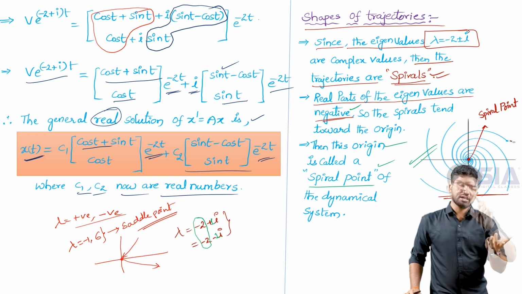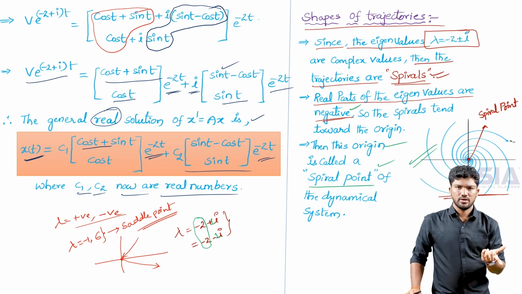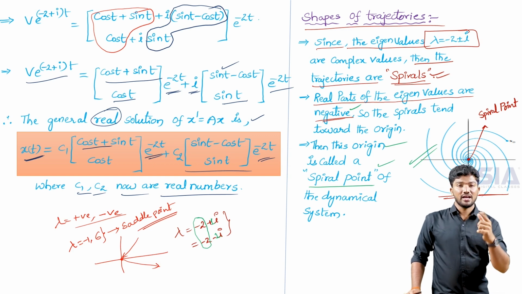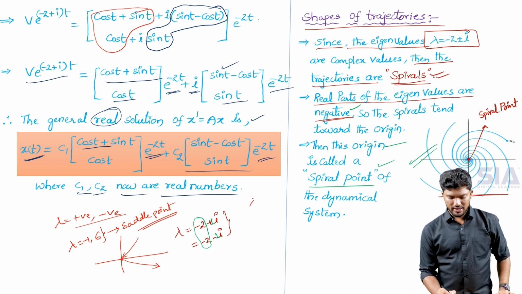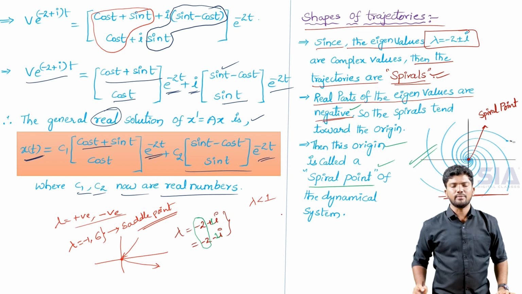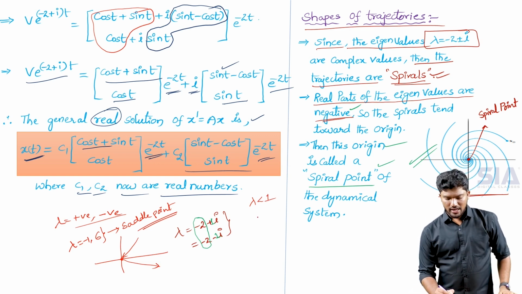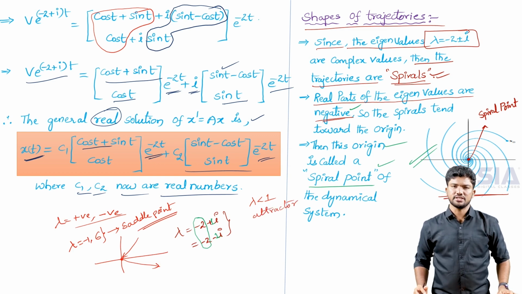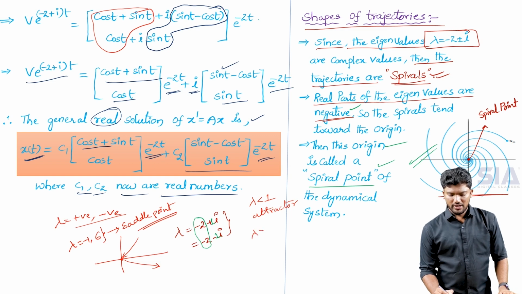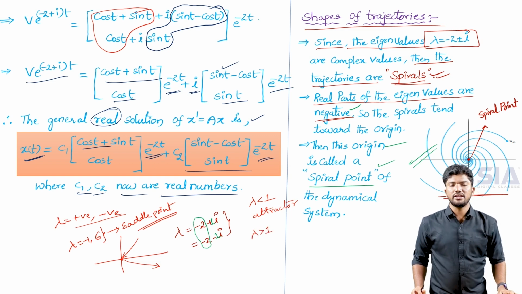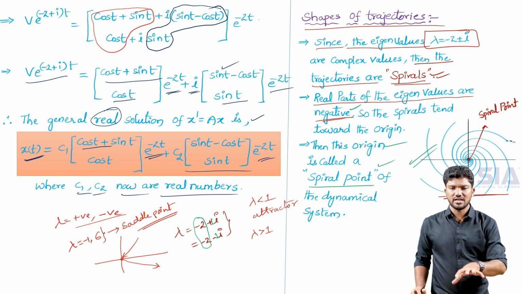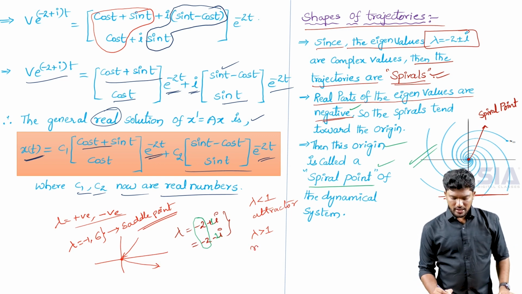If you get only real eigenvalues, that too positive, then you will get attraction. Whenever the magnitude of the eigenvalues is less than 1, the origin is called an attractor. Whenever the eigenvalues are positive and greater than 1 in magnitude, that origin is called a repeller.